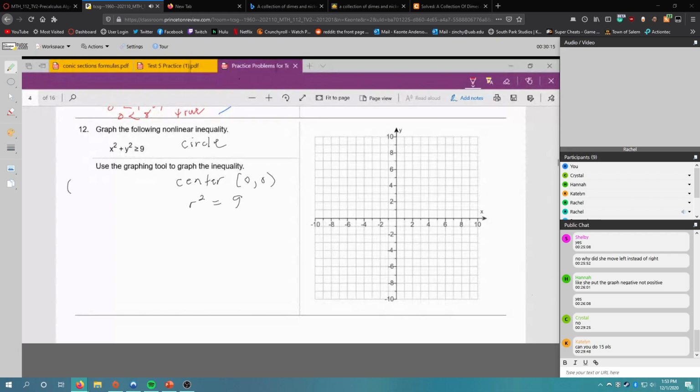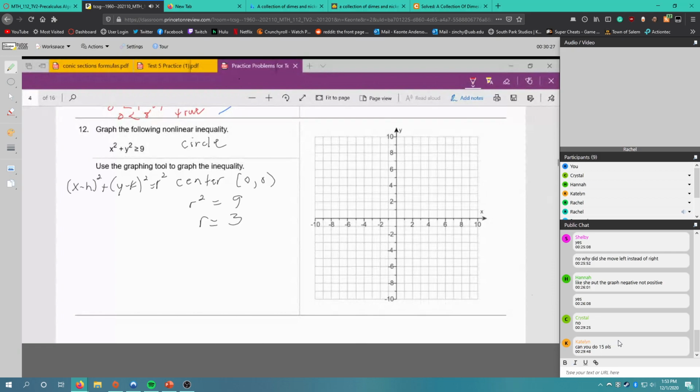Remember, our circle looks like this: x minus h squared plus y minus k squared equals r squared. So the radius is 3. And since this has an equal sign, I'll draw my center and go out. I need to go up 3, to the right 3, to the left 3, and down 3, and then just draw the circle.